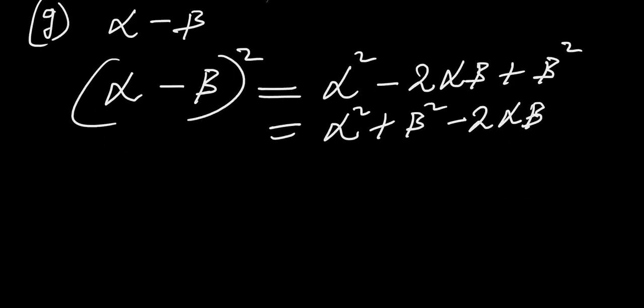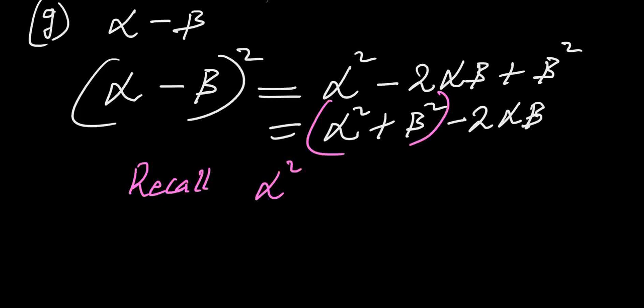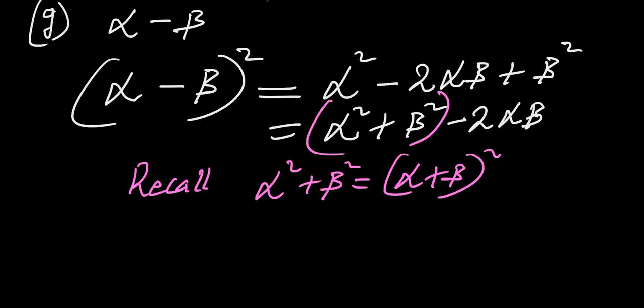Now, you can just recall that alpha squared plus beta squared is equals to (alpha plus beta) squared minus 2 alpha beta.